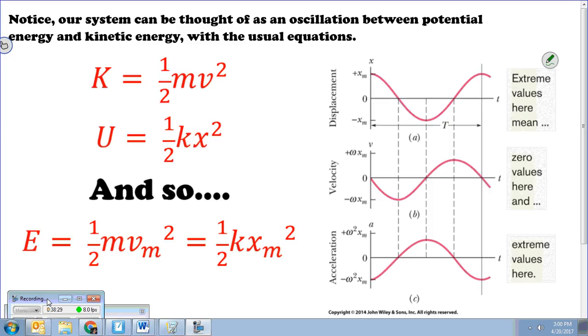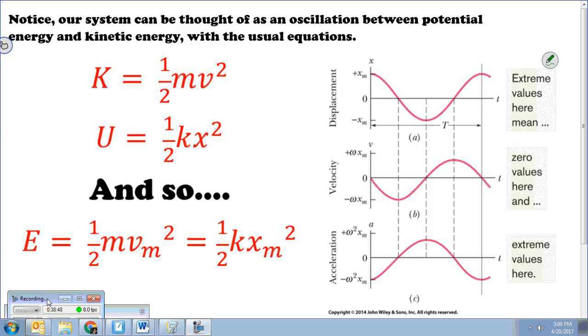If you want to find the energy in your system, you've got 2 options. You can either consider the endpoints, where all of your energy is elastic, or you can consider the midpoint, where all of your energy is kinetic.